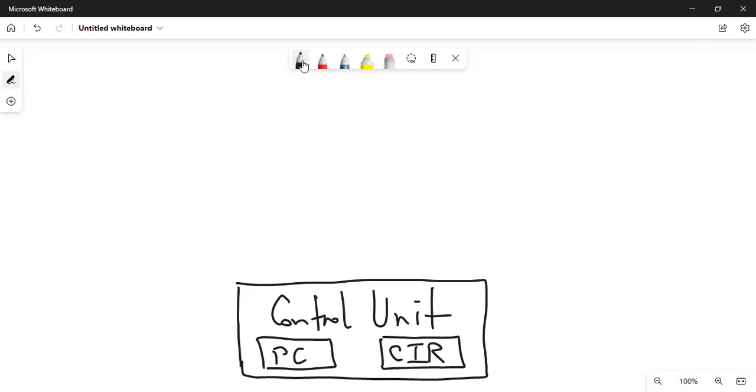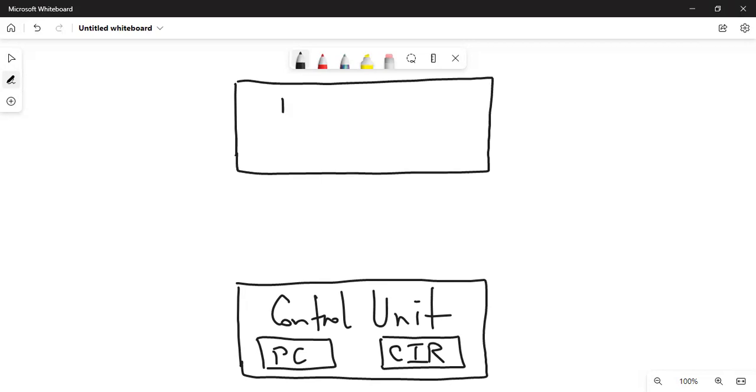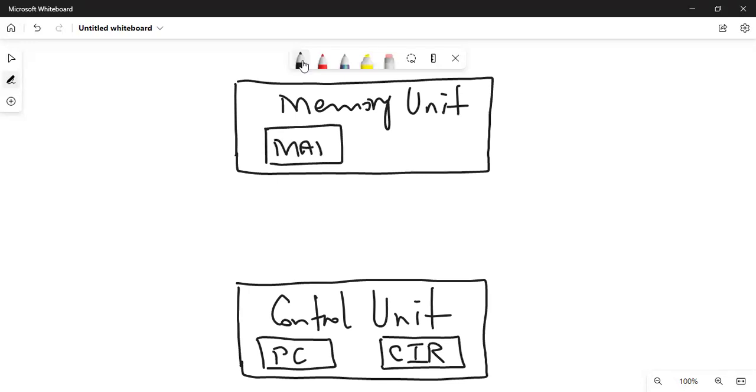Then you have another unit here, which is the memory unit. And if you remember, the memory unit has two basic registers, MAR and MDR.